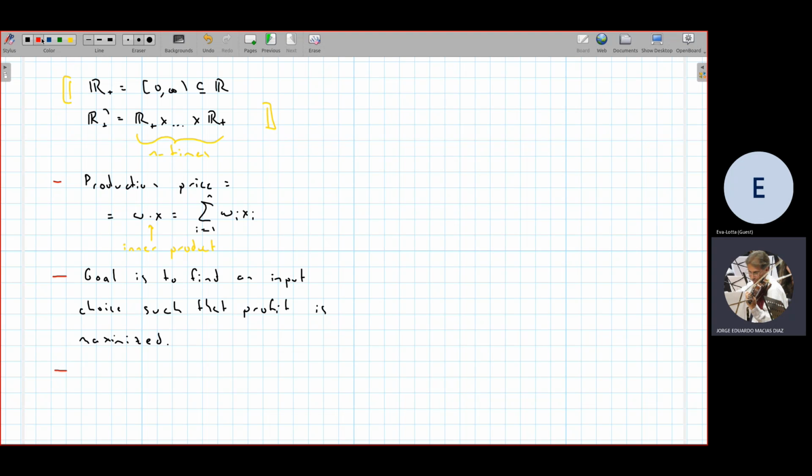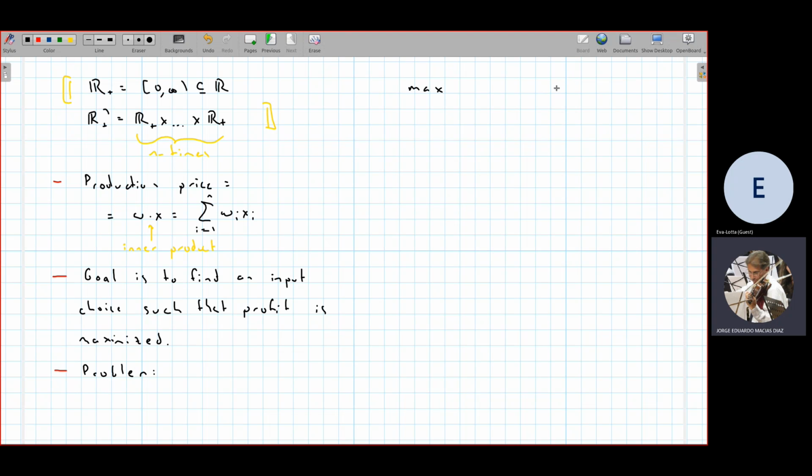So more concretely, the problem is a maximization problem. We're going to maximize profit. And this is going to be a difference, right? So it's going to be the difference of the product, the income minus the outcome.